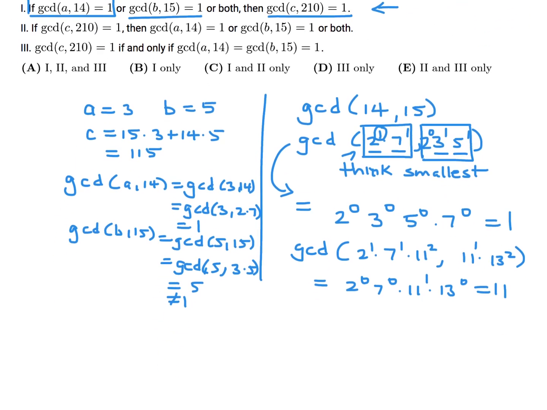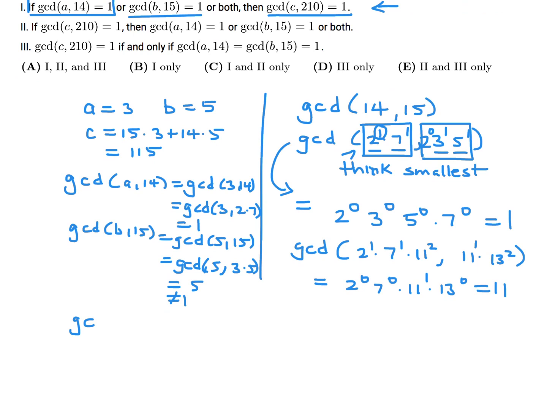The last one is GCD of C and 210. That would be the GCD of C, which I calculated to be 115, and 210. If I break it up into prime factors, 115 is 5 times, let's see, 23.